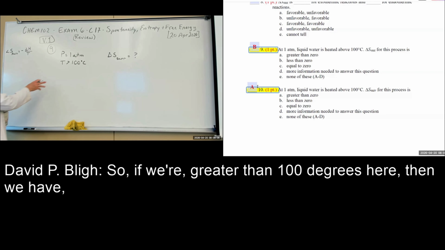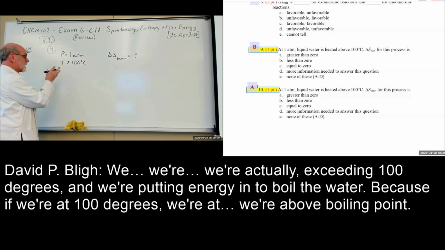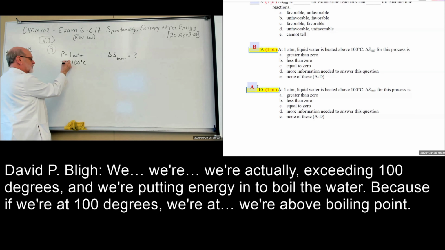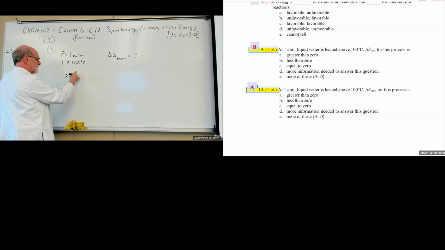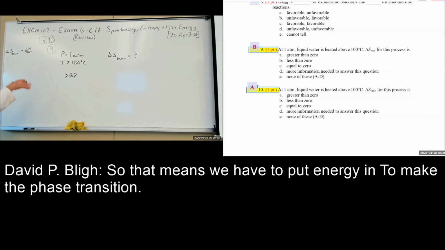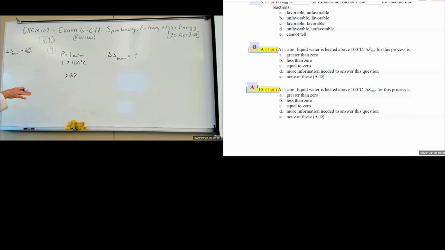So if we're greater than 100 degrees here, we're exceeding 100 degrees, and we're putting energy in to boil the water, because we're above the boiling point. So that means we have to put energy in to make the phase transition.